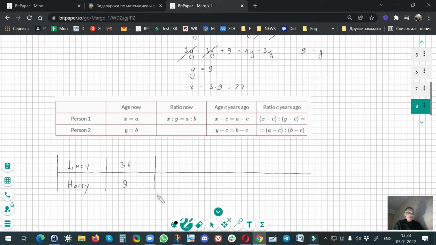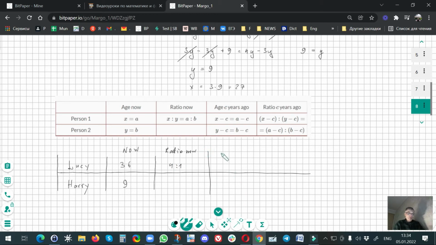Okay, so I have chosen the ages, 36 for the mother and 9 for the son. That's all right. She had a son at 27. That's a normal age nowadays. So now, the ratio: 36 to 9, it's 4 to 1.